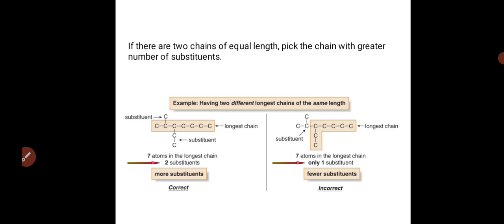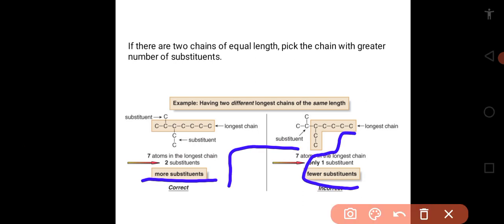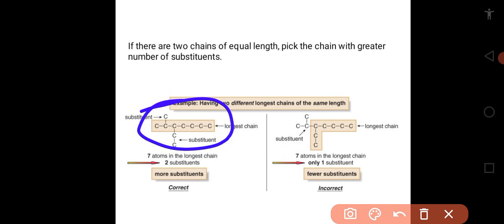Although in all the directions there are seven carbons in the longest chain, the one with more substituents is the first one. That is this one, because there are two different substituents and this one has only one substituent. So because of that, the one that follows the direction of two substituents will be considered correct, while the other one will be considered incorrect.